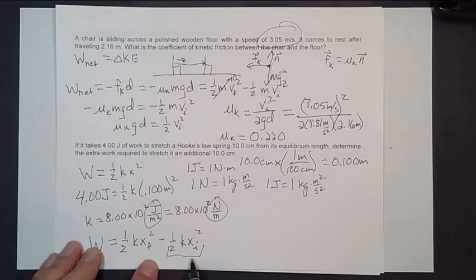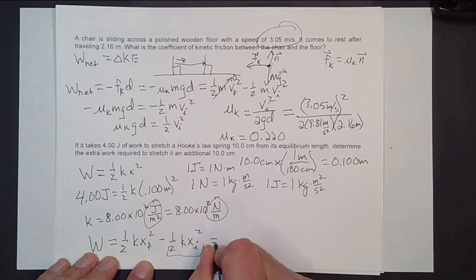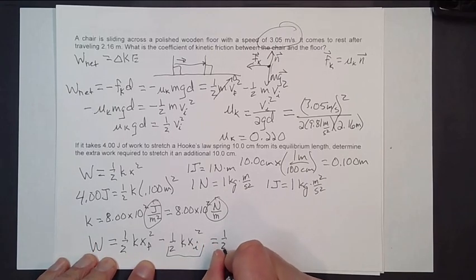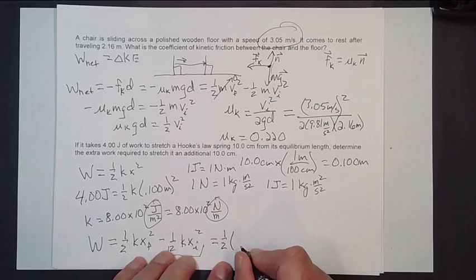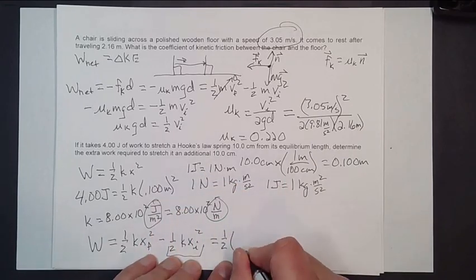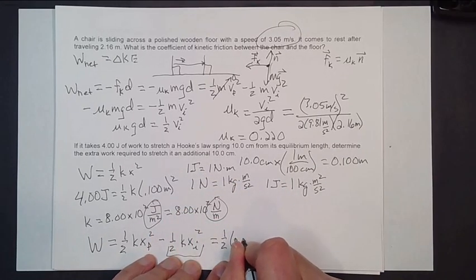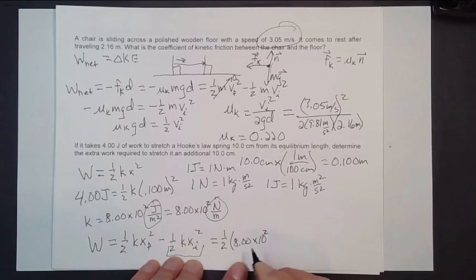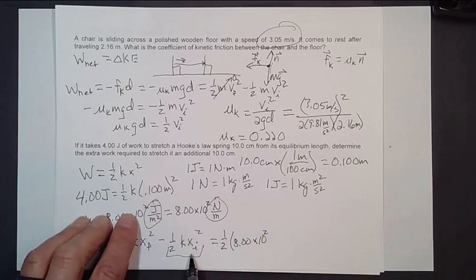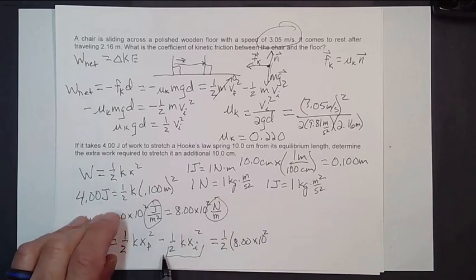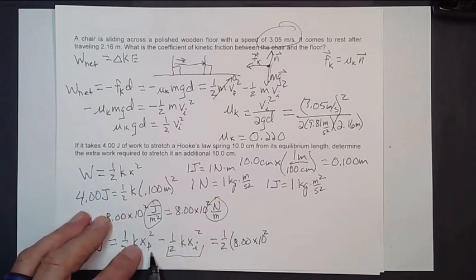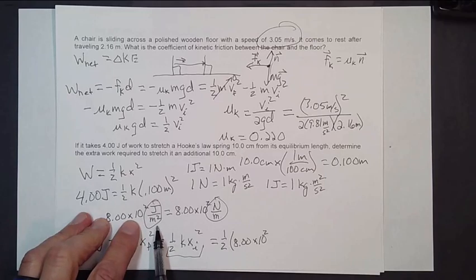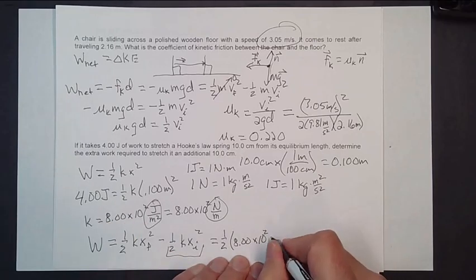We can go ahead and plug in the numbers now that we've got them. 1/2 times k, our 8.00 times 10 squared. In this case, since I'm going to be multiplying it by something in meters squared, I think I'll write it as joules per meter squared for the spring constant.